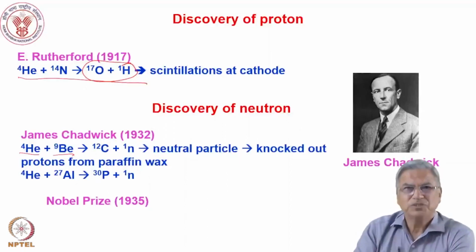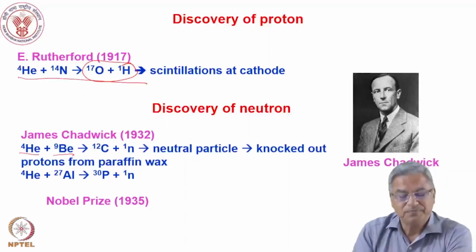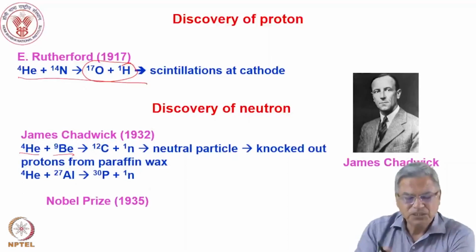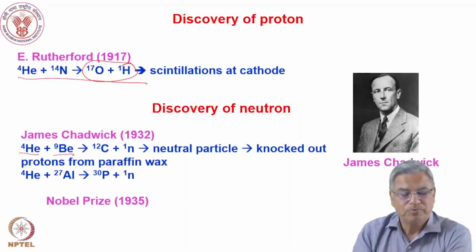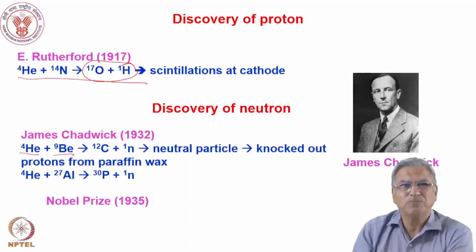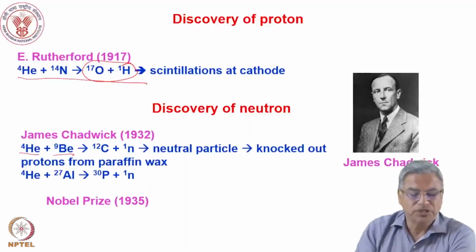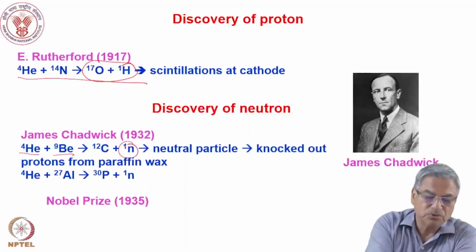So there were some neutral particles being emitted, but it was not established whether they were photons or particles. Then James Chadwick unambiguously confirmed that these neutral particles knocked out protons from paraffin wax, which is not possible using gamma ray photons. So he concluded that this reaction produces neutrons. That is how the neutron was discovered.